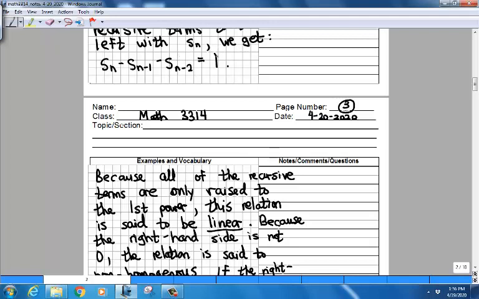All right, now, another thing that we're going to look for is what is on the right-hand side of this equation once we move all the recursive terms to the left-hand side. In this case, notice you get something other than 0. You get a 1 on the right-hand side of this equation. So if you get a 1 or anything other than 0 on the right-hand side, once you move all the recursive terms to the left-hand side, then the recurrence relation is said to be non-homogeneous.